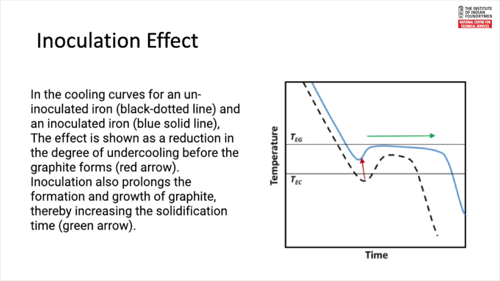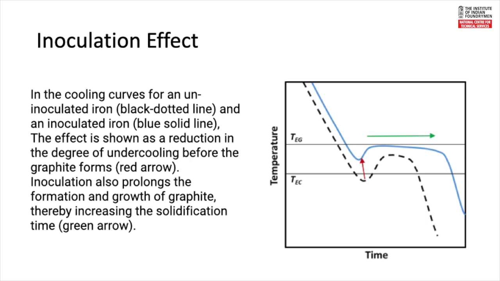So the metal need not go down to that level, and inoculation helps in reducing the degree of undercooling, thereby ensuring that carbides do not come out. It also prolongs the formation and growth of graphite, thereby increasing the solidification time as shown by the green arrow.